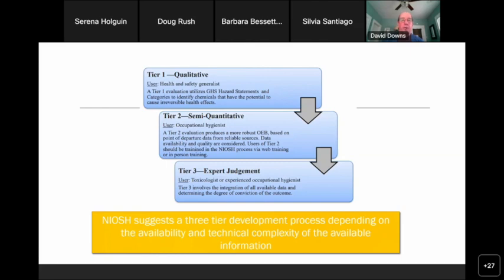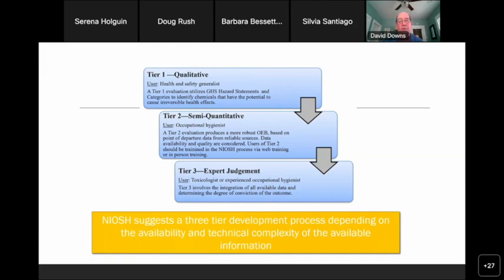Then at the tier 2 level, you're looking at using trained occupational hygienists to look at the information that's available. You look at how much information we have available about the material in the first place. And so that would be the semi-quantitative.